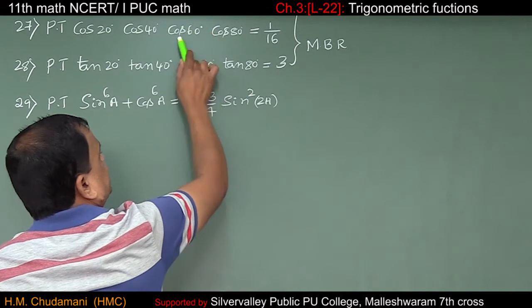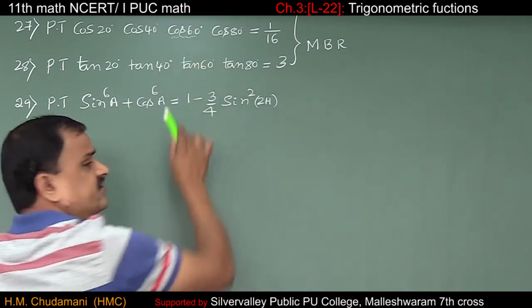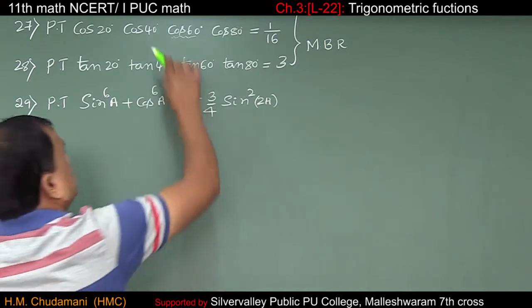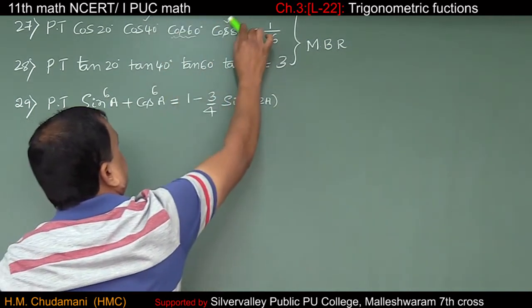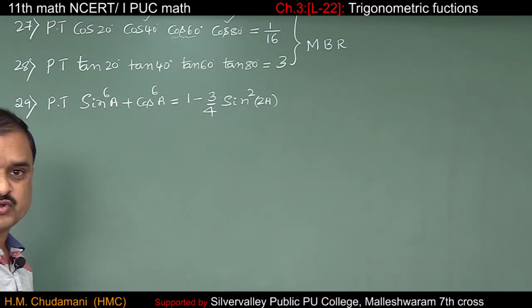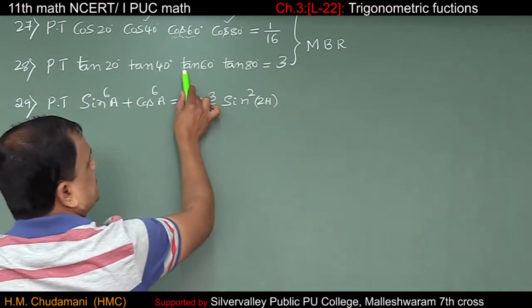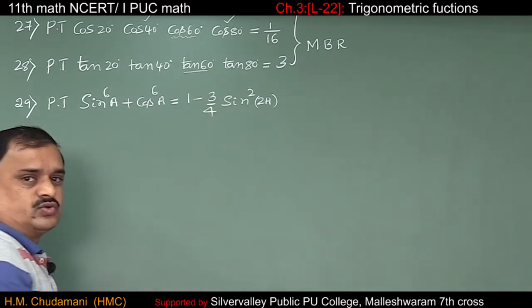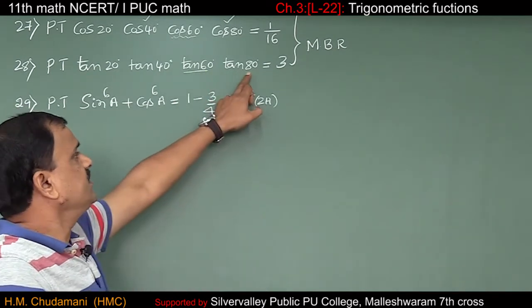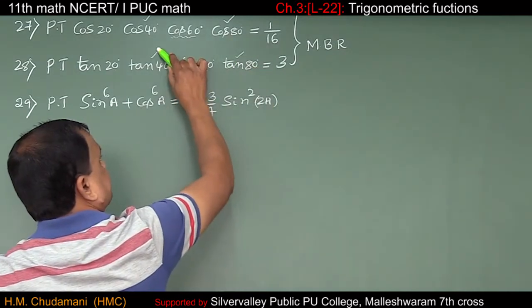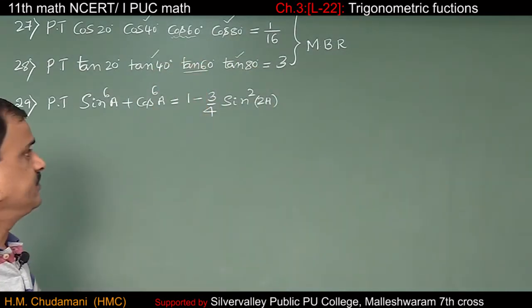Now cos 60 degree is 1 by 2. So collect these two together and follow the same procedure. And here also tan 60 degree is root 3. 80 and 40, you collect these two together.